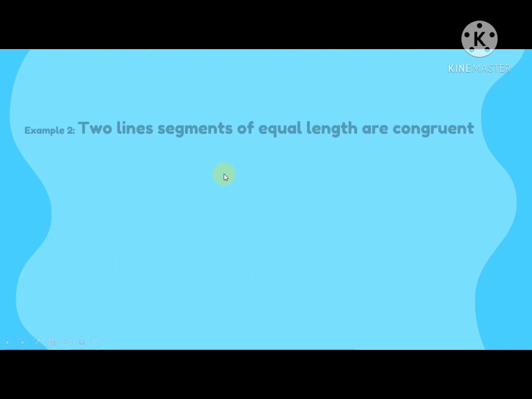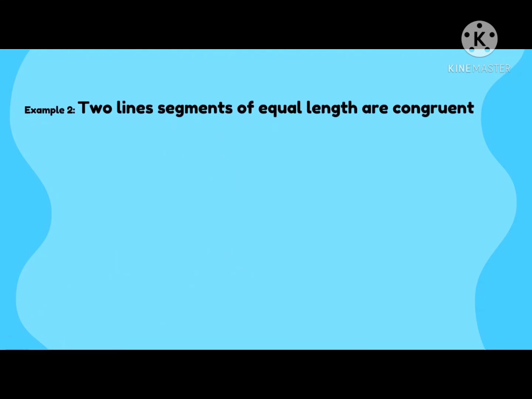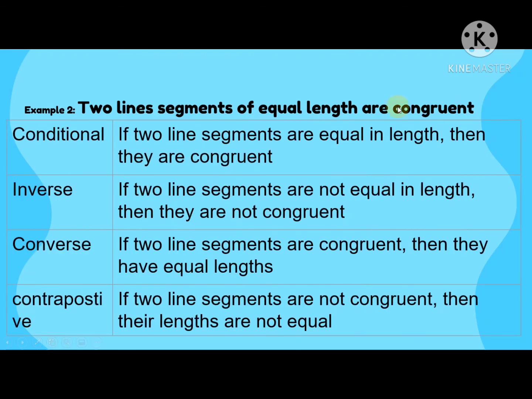Okay, example number 2. Two line segments of equal lengths are congruent. So, we will proceed to conditional, inverse, converse, and contrapositive. So, in these statements, gagawin natin siyang conditional. If two line segments are equal in length, then they are congruent.